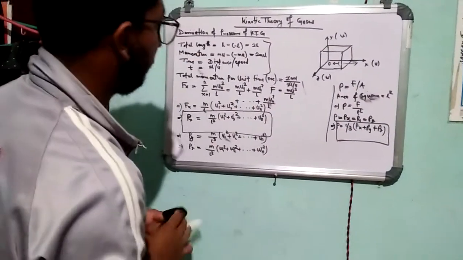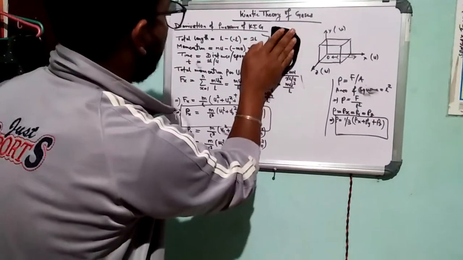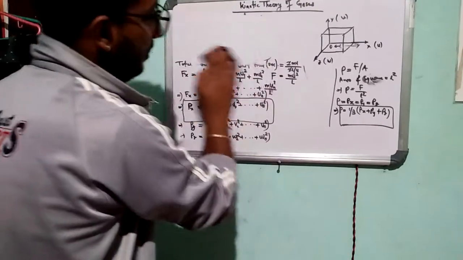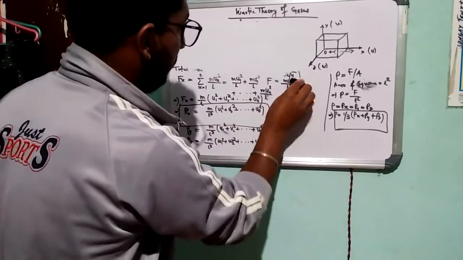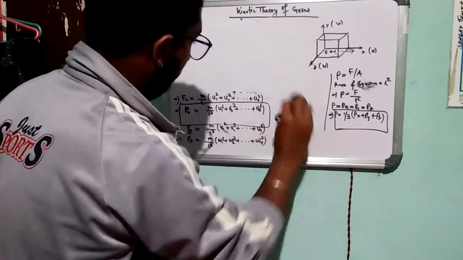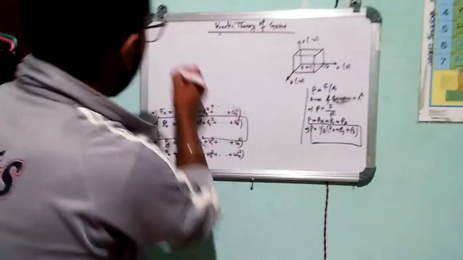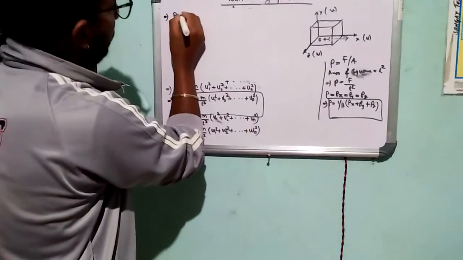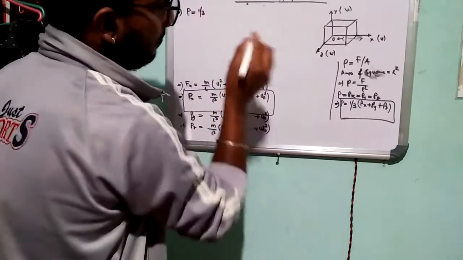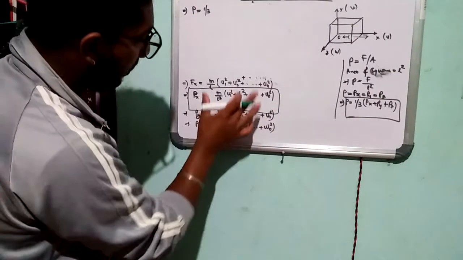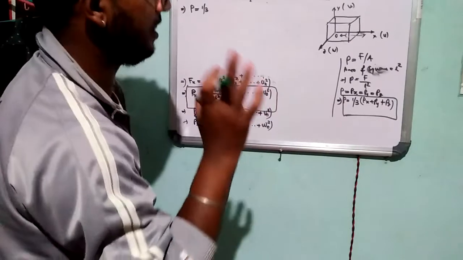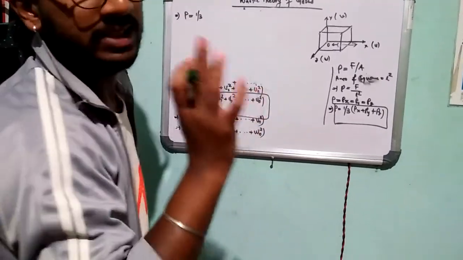Now I'll erase this all and write. Pressure is equal to 1 by 3 of Px, Py and Pz. In Px, Py, Pz, m by l cube is common in all three pressures along x, y and z.